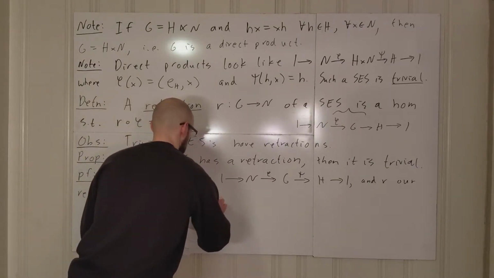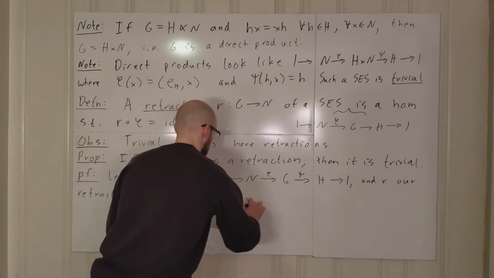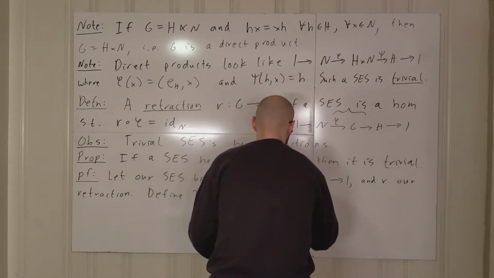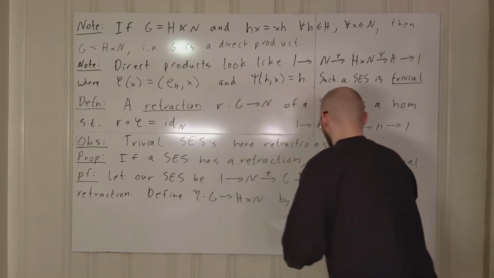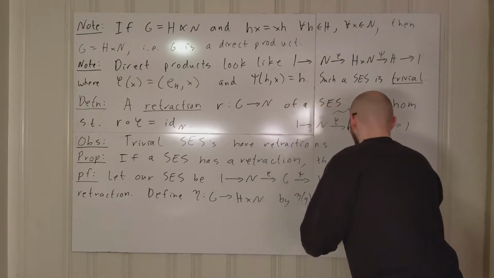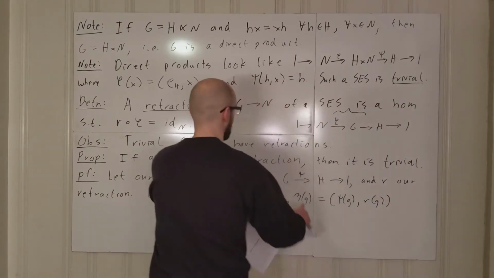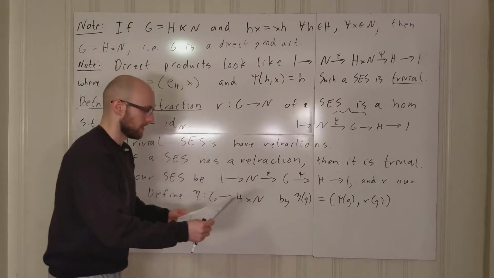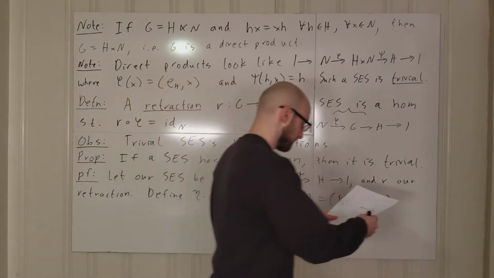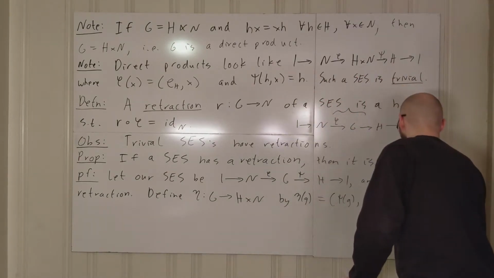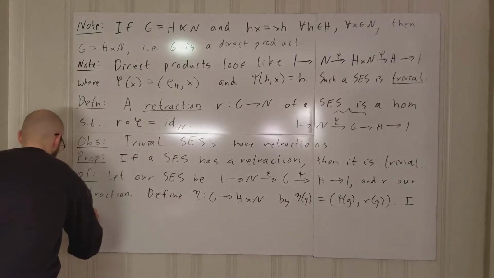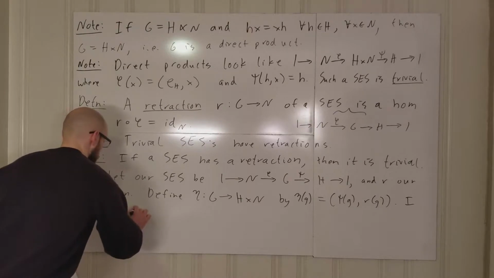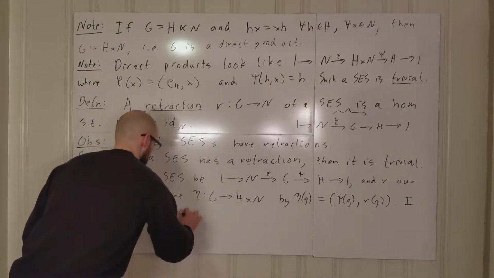Define eta from G to H direct product with N by eta of g equals psi of g comma R of g, which makes sense because you just put together the two things that you'd get if you were to map into N and into H. So I claim eta is an isomorphism.